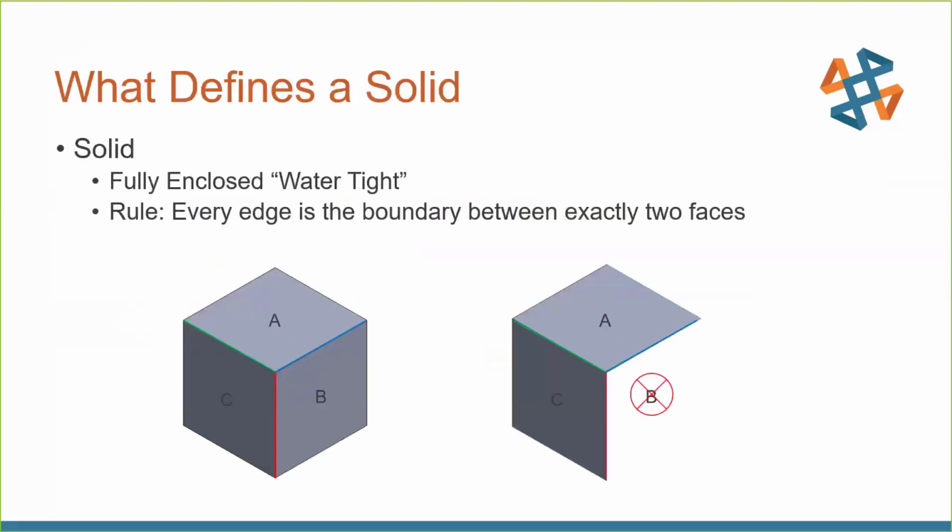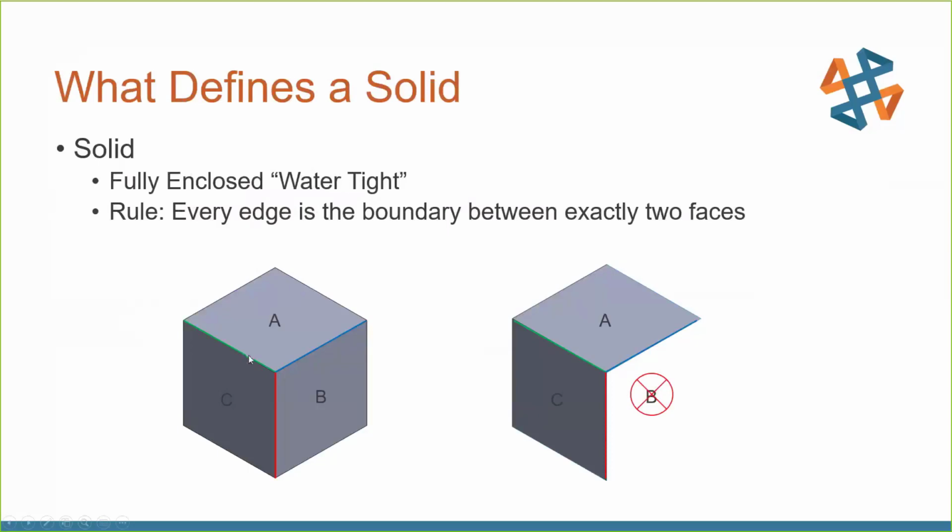So as far as what defines a solid in SOLIDWORKS, first of all, you have to have your faces enclosed in a watertight placement. And then there's a very strict definition that every edge within a solid body is the boundary to exactly two faces. So you see on the left here, faces A, B, and C are all sharing edges.